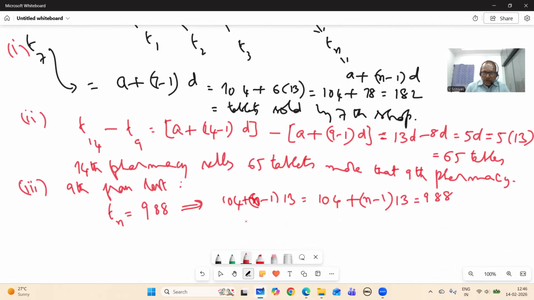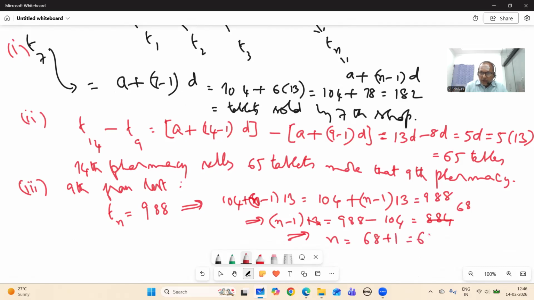This gives n minus 1 into 13 is 988 minus 104, which is 884. Does 13 cancel this? 6 13s are 78, 10 remains 104, 8 13s are 104, so 68 times. So n is equal to 68 plus 1, which is 69. So the last term is the 69th term.